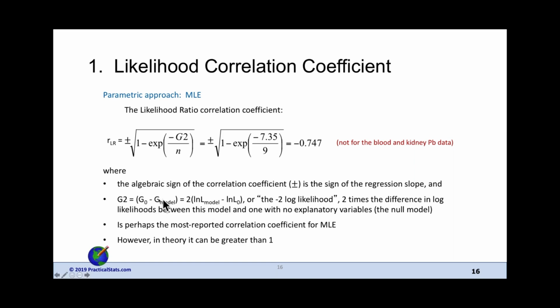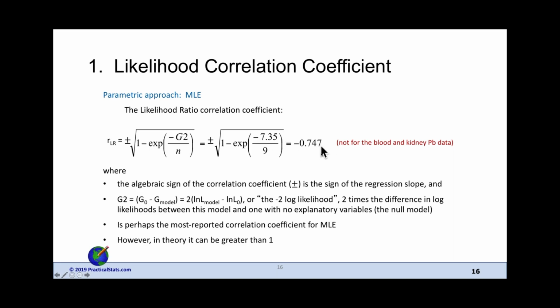So this difference would be the amount of error that's decreased because that one X is on the horizontal axis. So how well does one X decrease the error in predicting Y? And when you have no slope, that prediction for Y is just the intercept. So that's what this correlation coefficient is.